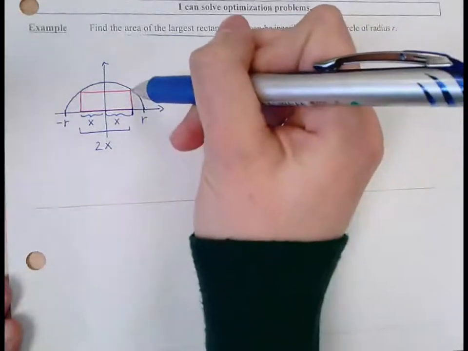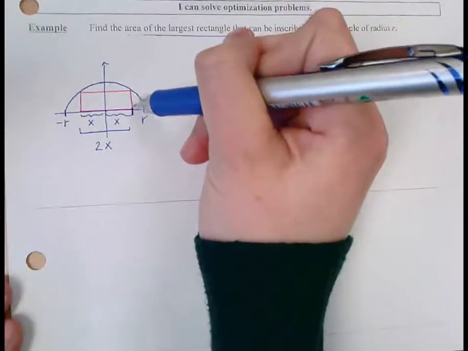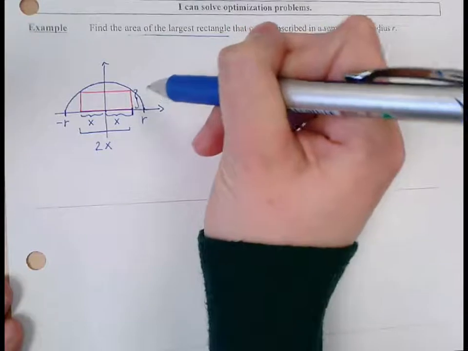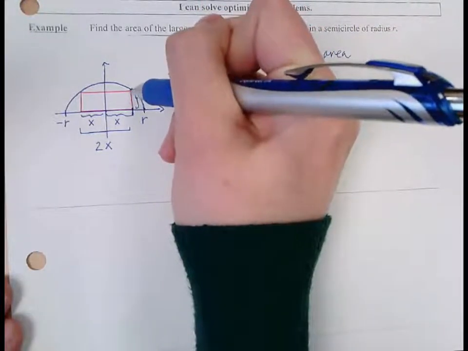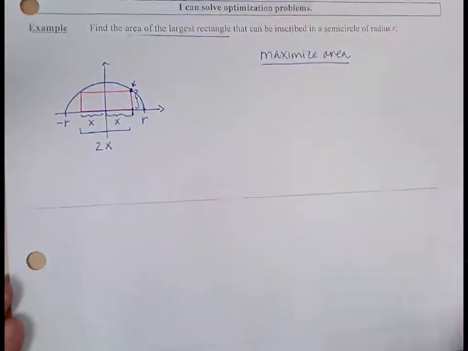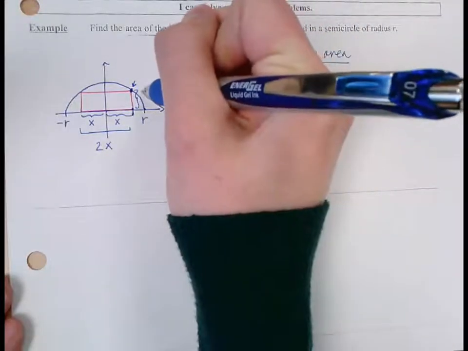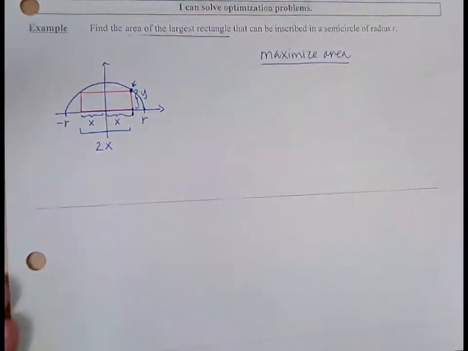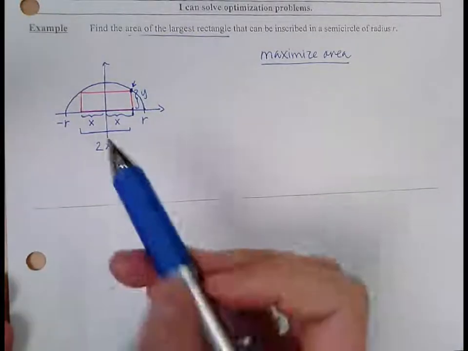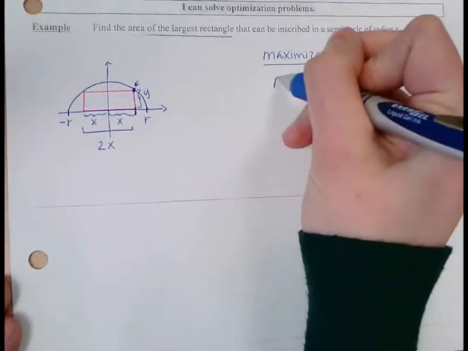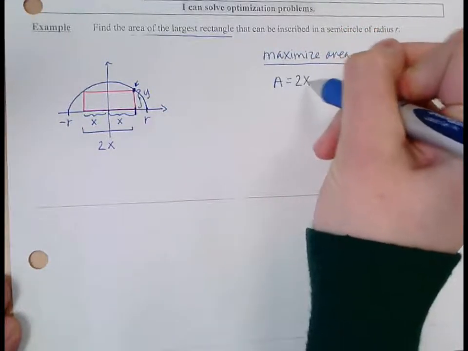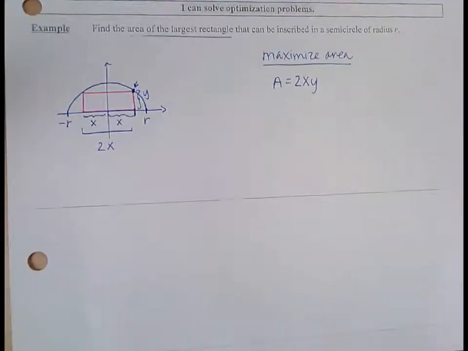And then the width or the height of my rectangle would be y, because it's equal to whatever the y value of that point would be, the height. Okay, so my area formula for this rectangle, the length is 2x, the height is y. So the area would be 2x times y, or just 2xy.